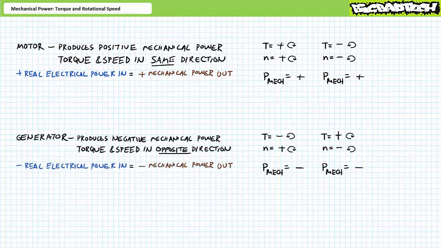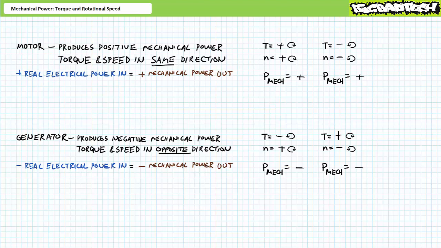Conversely, a generator always experiences counter torque in the opposite direction as rotational speed. Positive clockwise speed times negative counterclockwise torque yields negative mechanical power output. Negative counterclockwise speed times positive clockwise torque yields negative mechanical power output. Generators always produce negative mechanical power output.